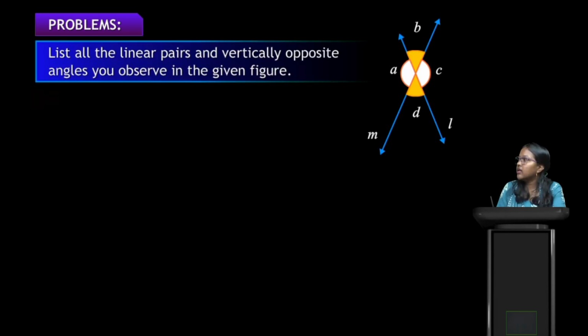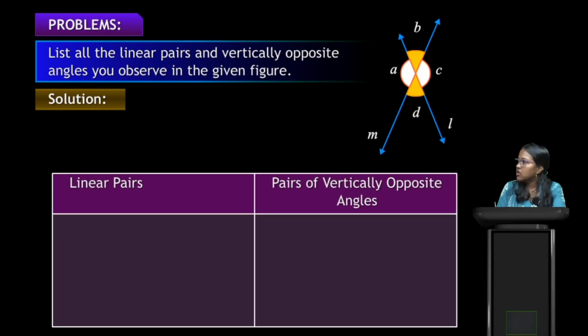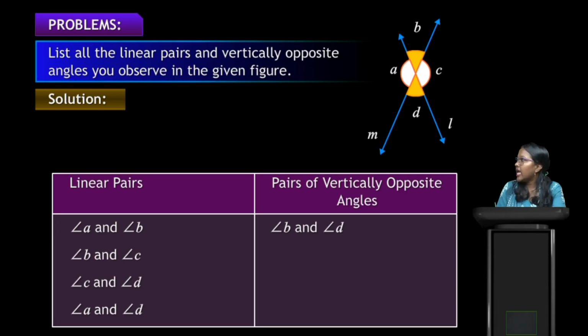Okay, now they are telling us to list all the linear pairs and vertically opposite angles you observe in the given figure. You have to list all these vertically opposite angles. So let's list them. Linear pairs and vertically opposite angles also. So which are the linear pairs? AB, you can see AB forming which line?